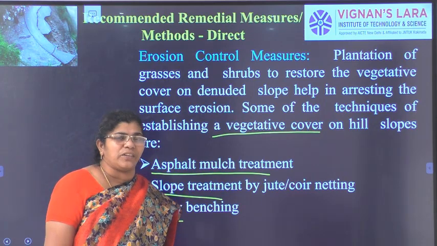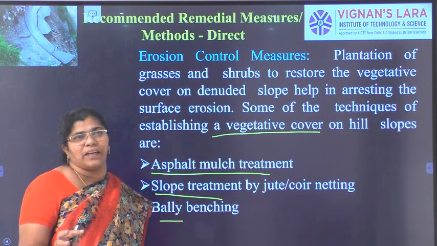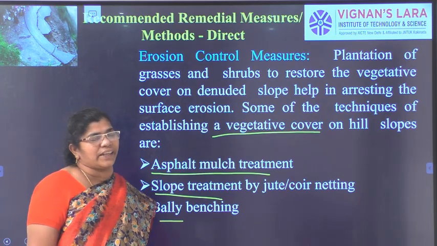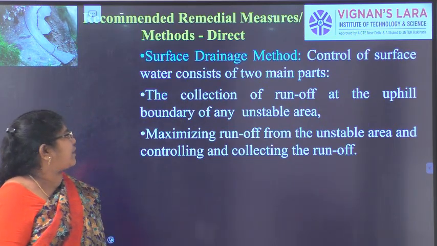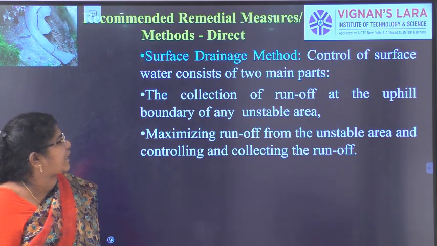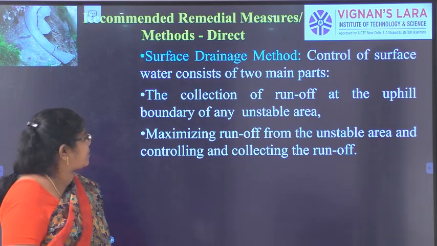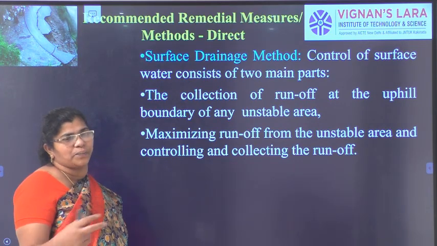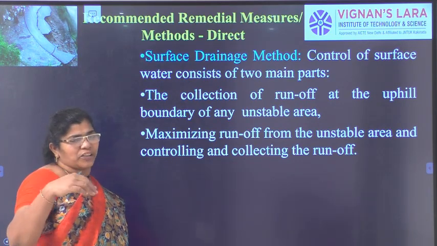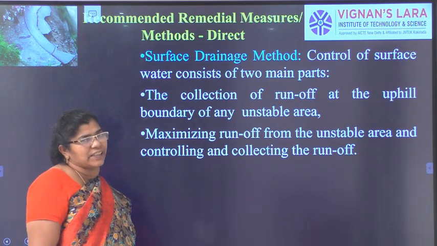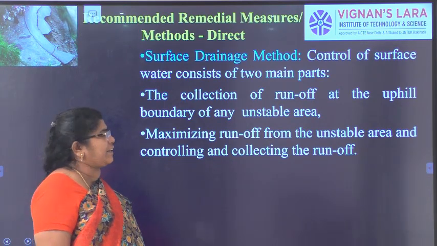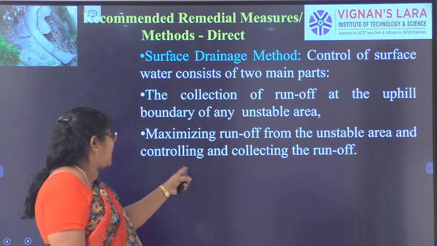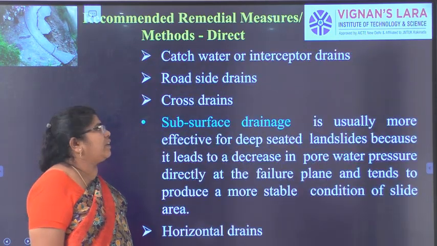And we have to select a tree such that it absorbs more water so that the water stagnation will not be there. And the next one is the surface drainage method. So in the surface drainage method, you have to keep the runoff properly. The drainage has to be corrected and the water has to reach the river or the streams so that minimum landslide occurs. Maximizing runoff from the unstable area and controlling and collecting the runoff.